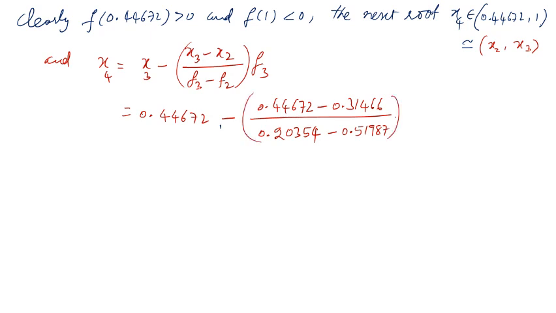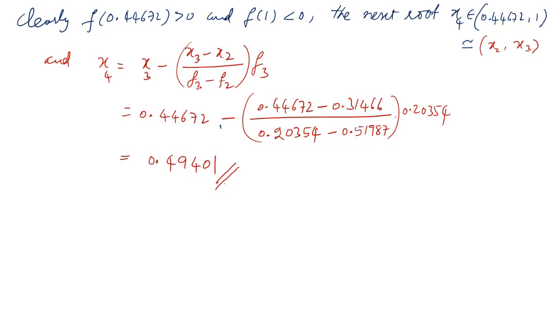This entire thing is multiplied by f3, 0.20354. So the x4 value is finally 0.49401. Okay, this is the regular false method.